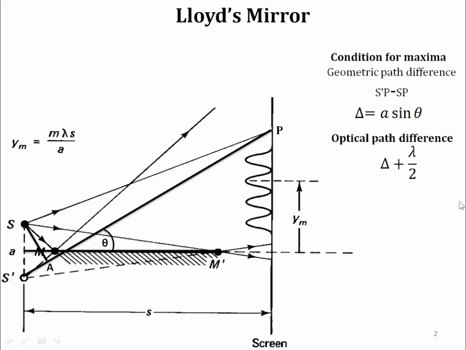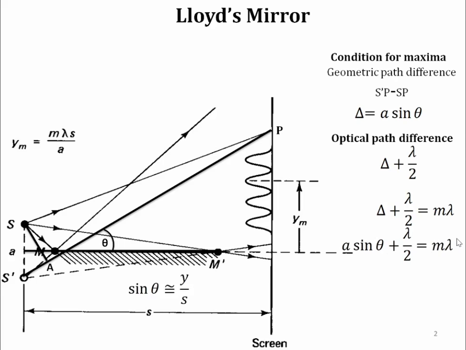So here is the total optical path difference, and for constructive interference this total optical path difference has to be equal to m lambda. In case at this point we have a maxima, that will happen only when this path difference is m lambda, and then we can substitute the value here. Very simple.